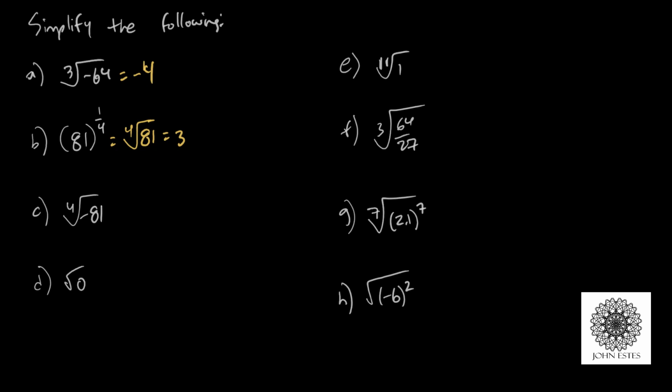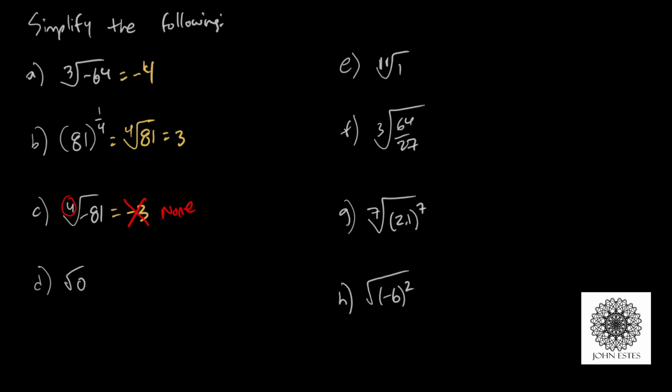There it is. Now in part C, I have the 4th root of negative 81. And so we're tempted to say negative 3, but remember, this is an even radical. Even radicals only exist for non-negative numbers, so there's none. There is no 4th root of negative 81.